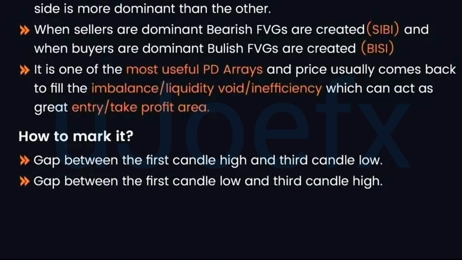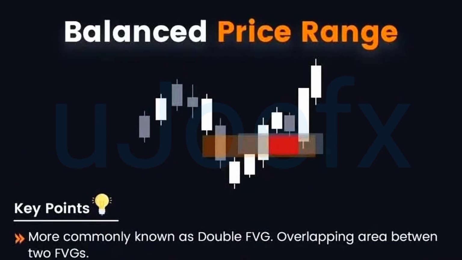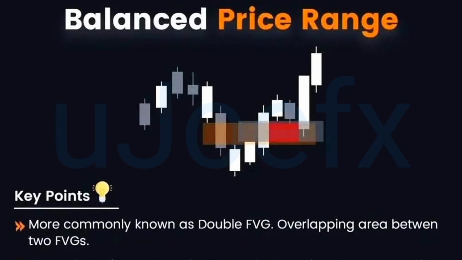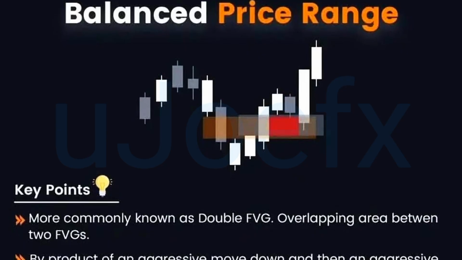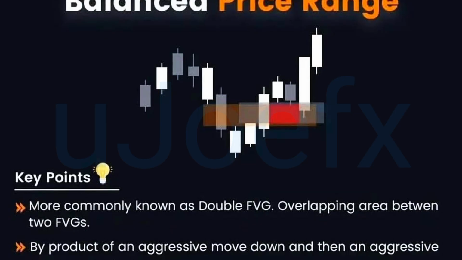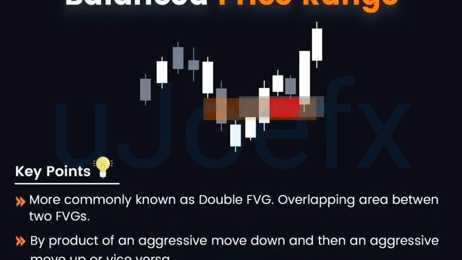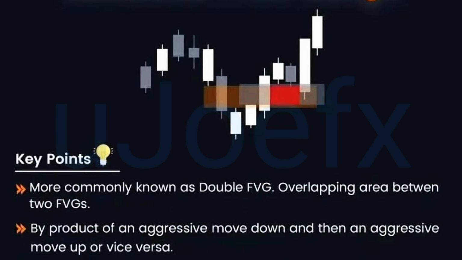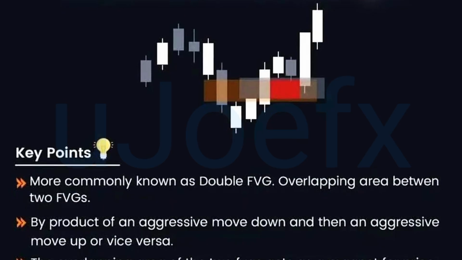So this is pretty much it. It is also important that when you're looking at all of these, part of the key points you should know is what is more commonly known as double fair value gap, the overlap area between two fair value gaps. This is also an important take home for you.